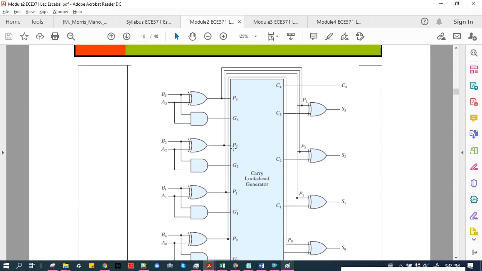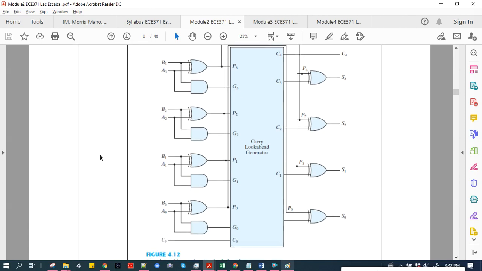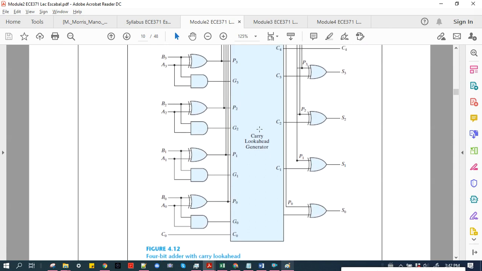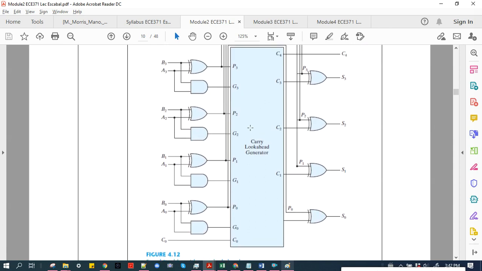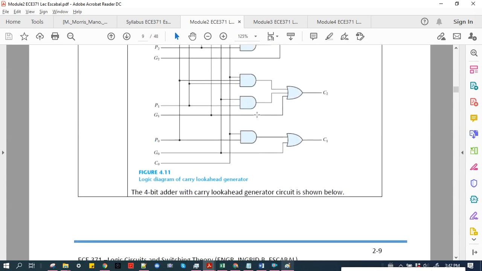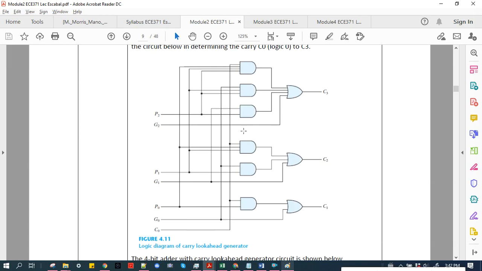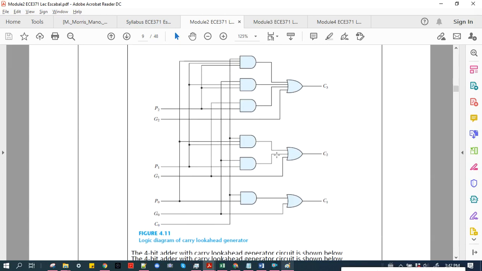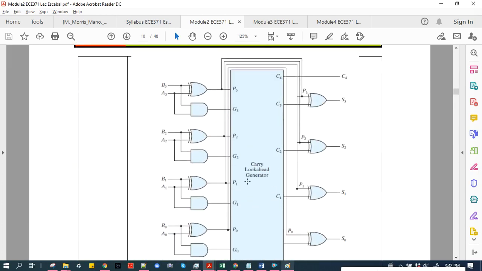Well, P2 is just B2 exclusive OR A2. Okay, then we connect this. The inside of this carry look ahead generator is this circuit. So there are two logic gates here, two logic gates plus two logic gates.